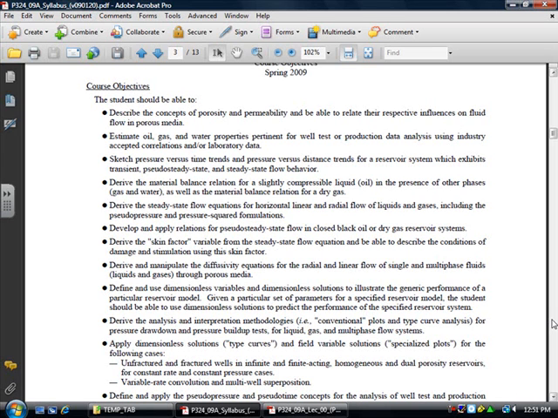But when you start thinking about using the skin factor for stimulation, you need to change your mind, because that is not the right reservoir model. The well is fractured, the well is acidized, there's something different about the wellbore configuration. The skin factor doesn't know that. It's just a number that you assign to that.